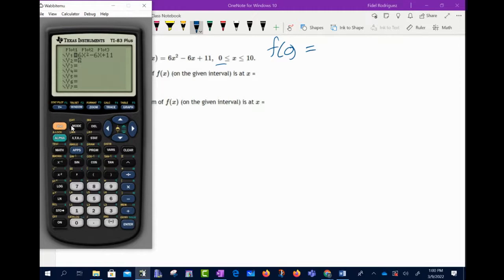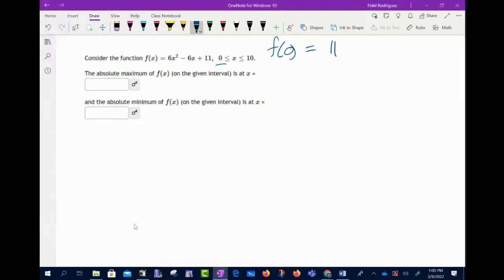Then quit this, go to the vars button, and go to Y-Vars. Move the little arrow to the right, go to number 1, which is function, and hit 1 for function 1. I'm going to evaluate this at 0. When I evaluate at 0, the answer is 11. So f of 0 is 11.